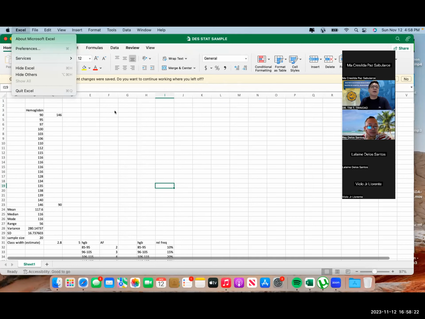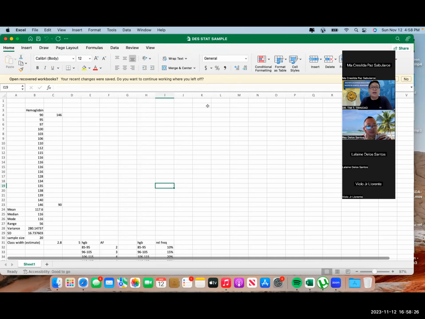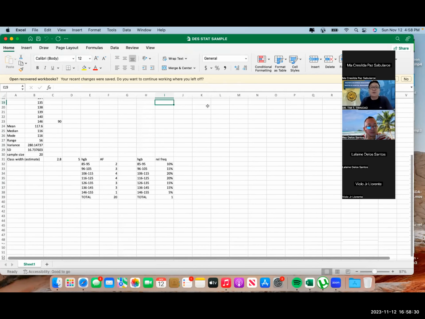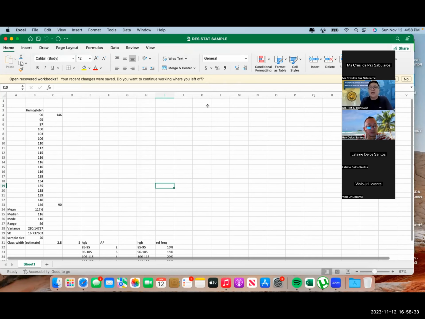So in your Excel, the use of your Excel in statistics is very easy. So pinag-usapan natin pagkahaba-habang computation doon, you can do this pala in just very simple clicks. So with the use of your Excel, you can see that there are cells here.